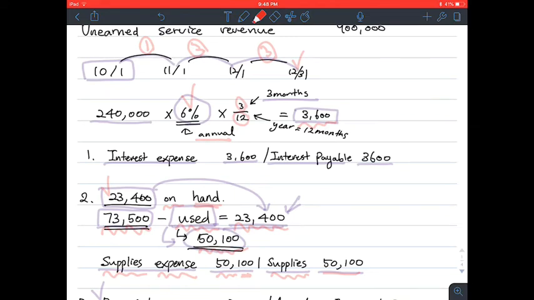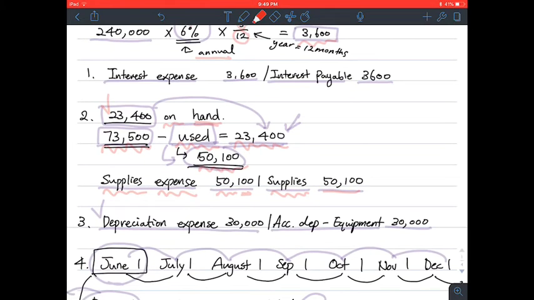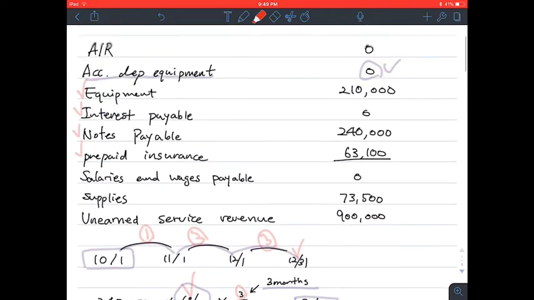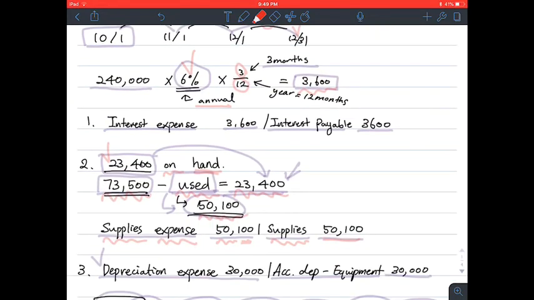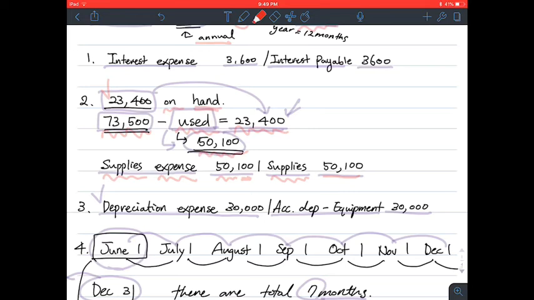Okay, simple, right? Number 3, we are going to depreciate the equipment. So the equipment, if you see earlier, had no accumulated depreciation equipment, but now we have to calculate the depreciation amount.